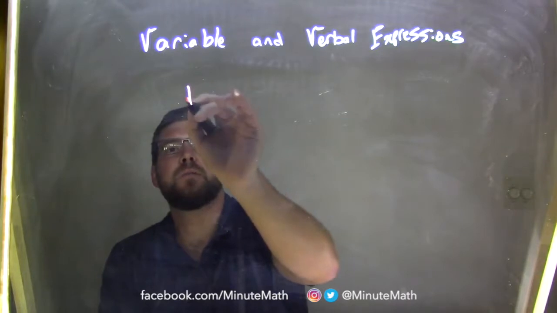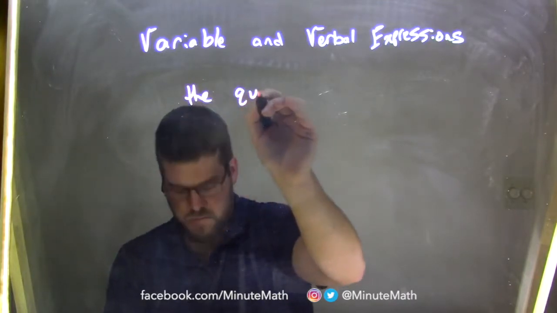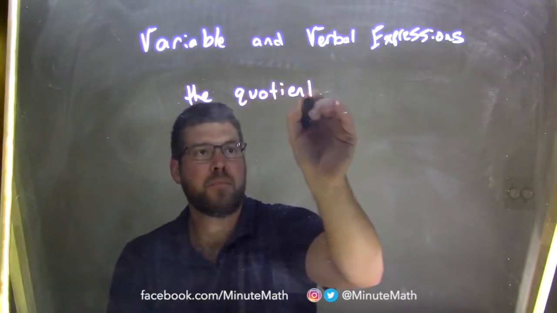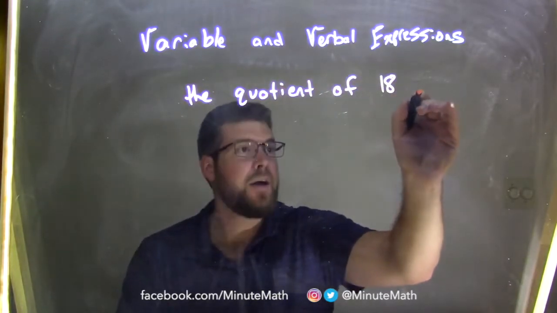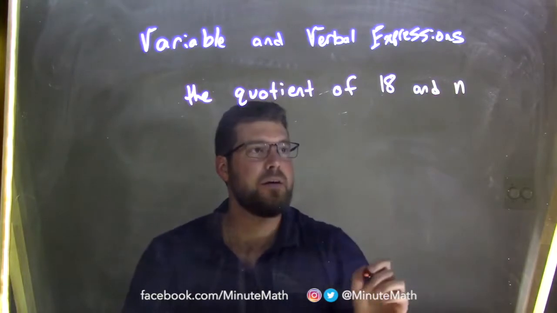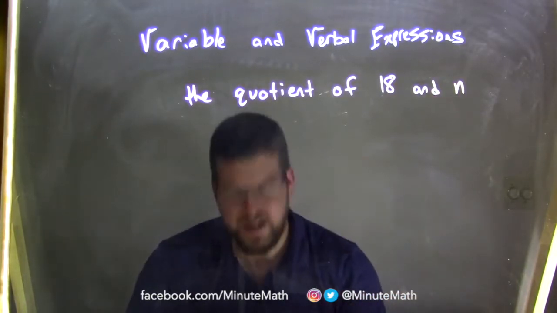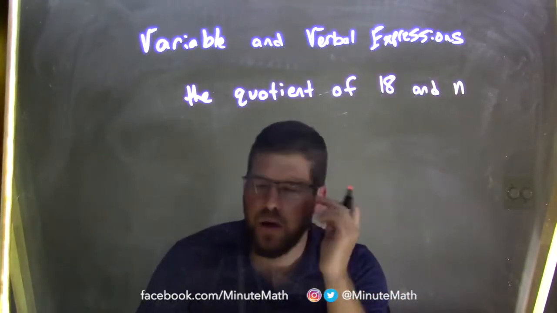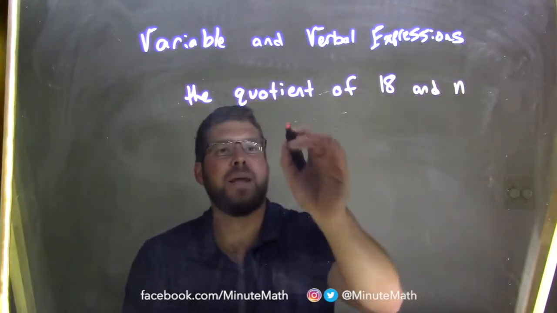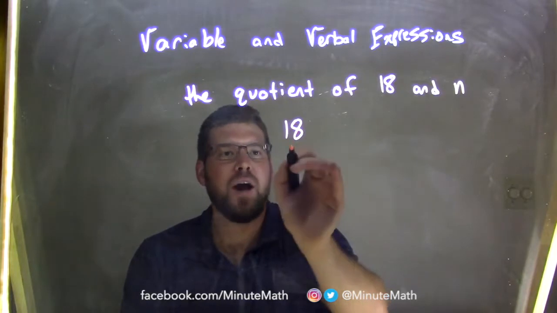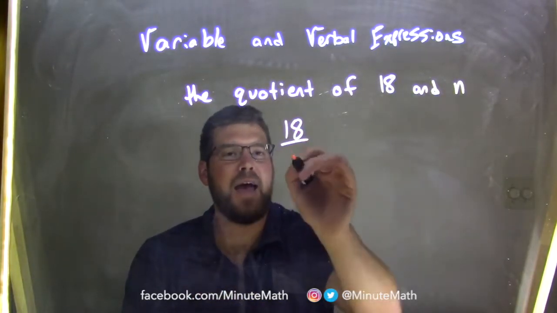The quotient of 18 and n, n being that variable. The quotient, I should be thinking quotient of division. All right, so I'm given the first number being 18, so 18 divided by n.